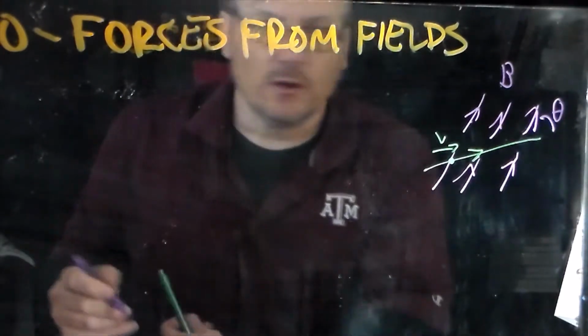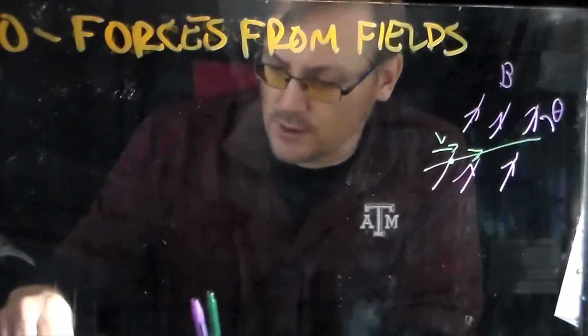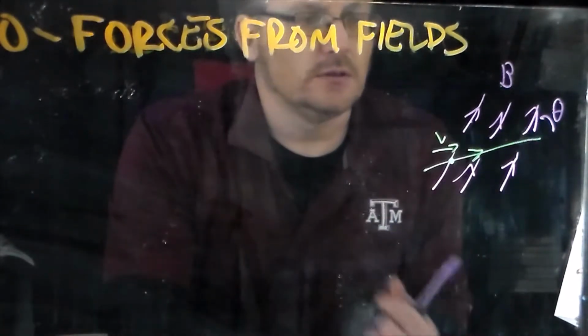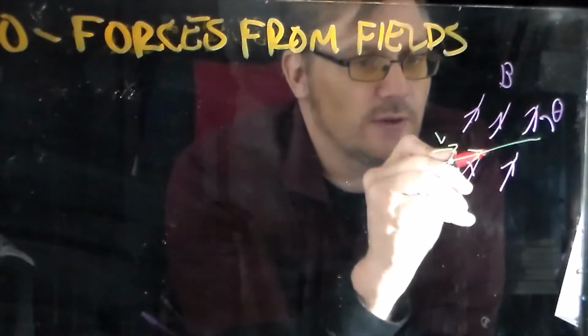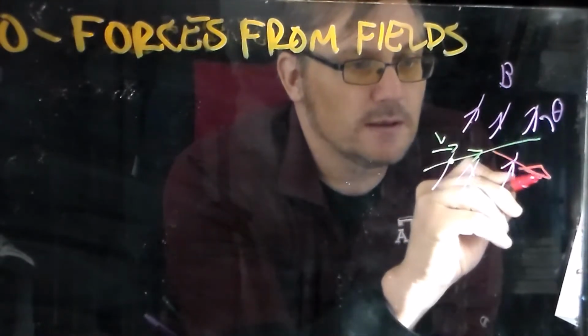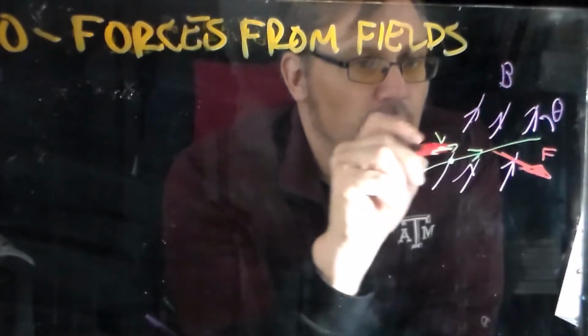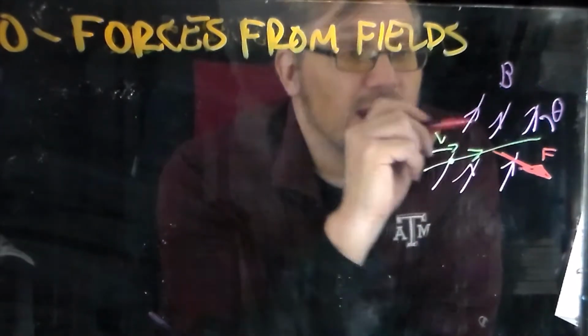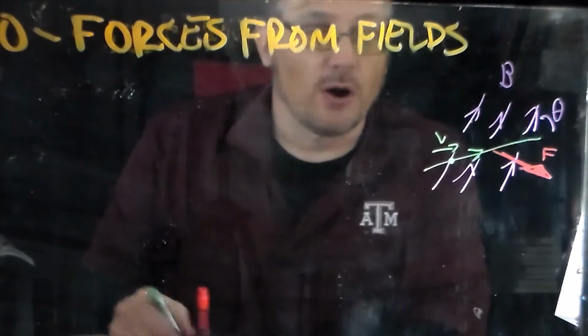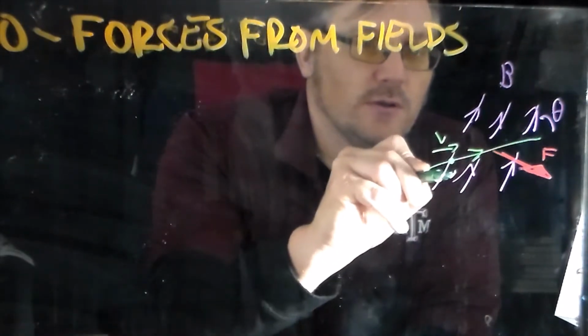So what happens here? Well, this particle is going to feel a force, and that force will be perpendicular to both of these, so it'll be coming out this way. It's perpendicular to both the magnetic field and the velocity of the charged particle. Let's say it's got a charge q.